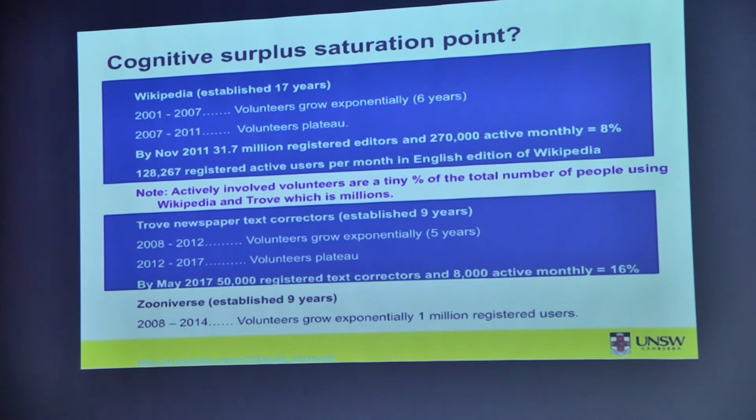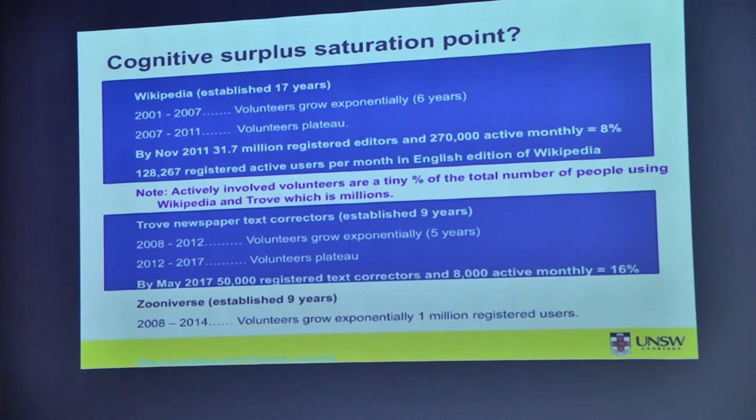Research on other similar services, including Wikipedia and Zooniverse, show a similar pattern developing. It appears that at a certain point in time, the cognitive surplus saturation point, as I would call it, is reached. In Wikipedia, the saturation point is 8% of registered users are active each month.